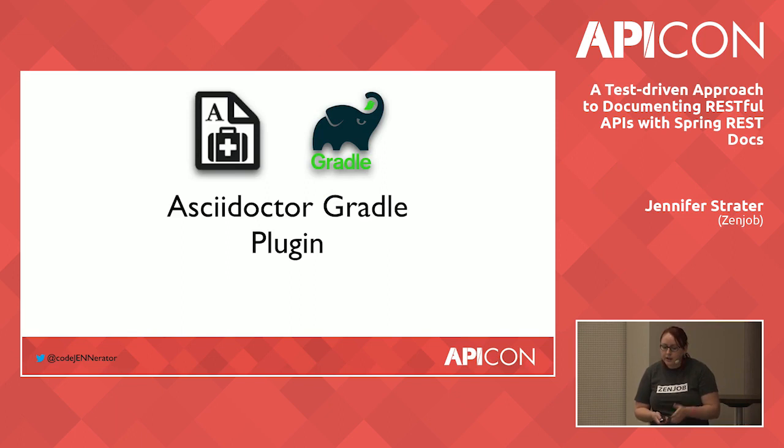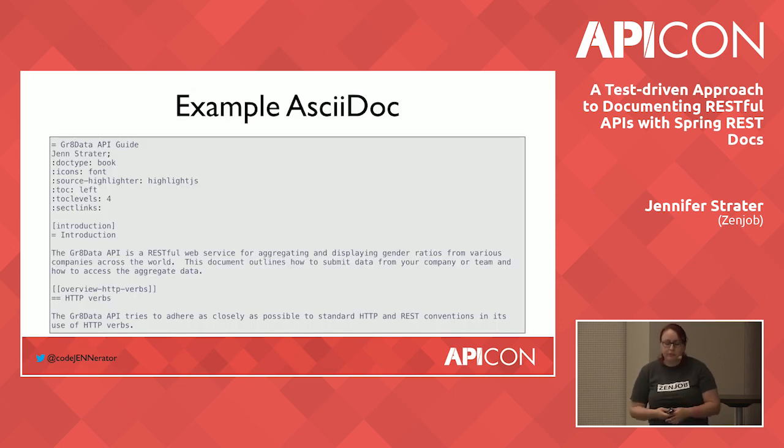Okay. So there is, of course, a plugin for this, that AsciiDoc gets converted into lots of different formats using Asciidoctor and Gradle. So what does this actually mean? So this is an example of an AsciiDoc file, and it looks pretty similar to markup. It's very text-centric with very minimal information about the formatting in the document itself.